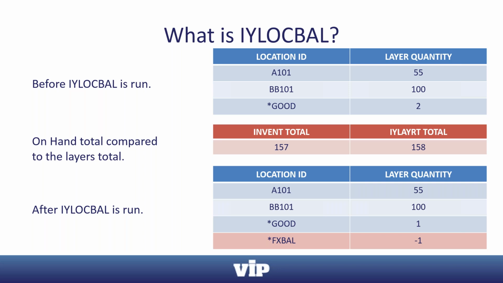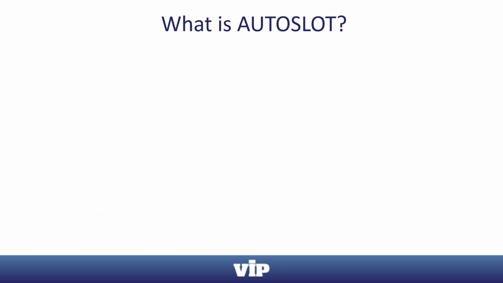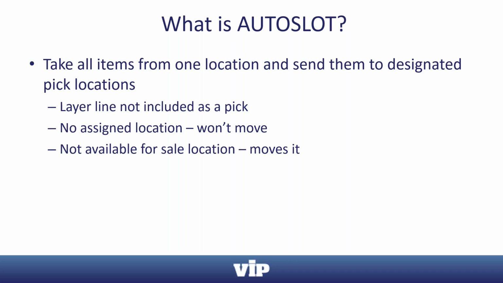When I create those, I need to figure out how to move those. One of the things you guys are used to, or you've seen, is the program called Auto Slot. Basically, it takes product from one location and sends all of that product to a designated pick location.